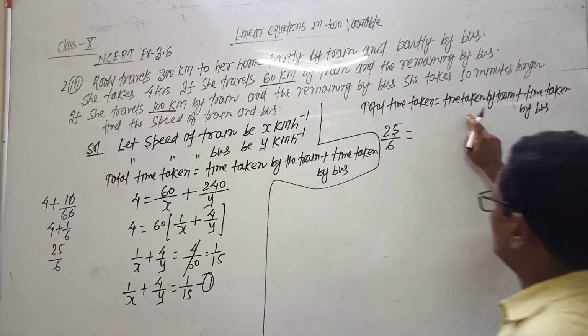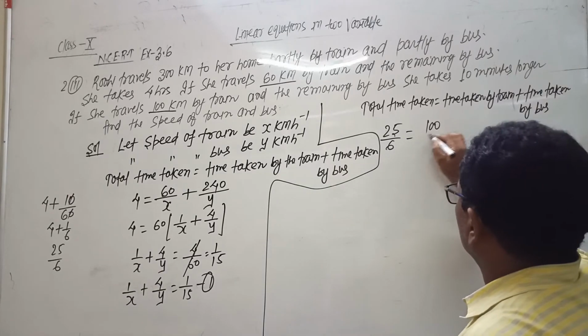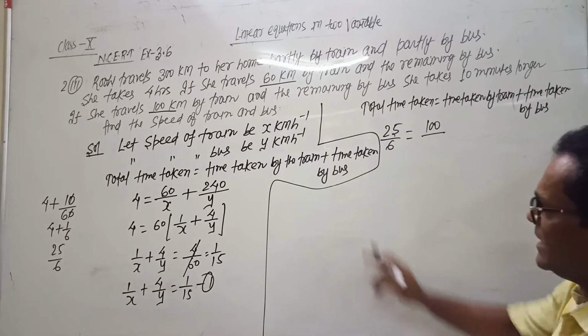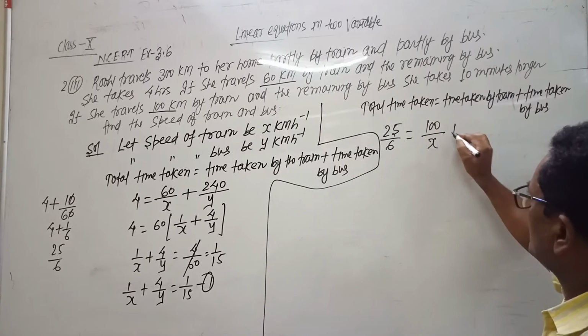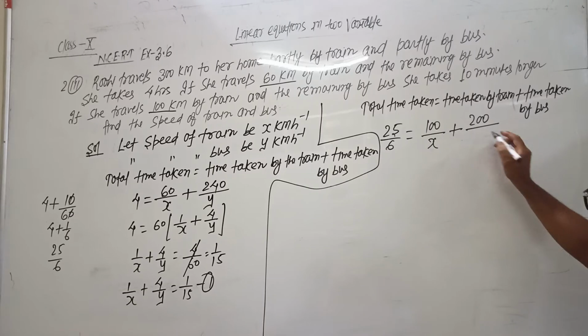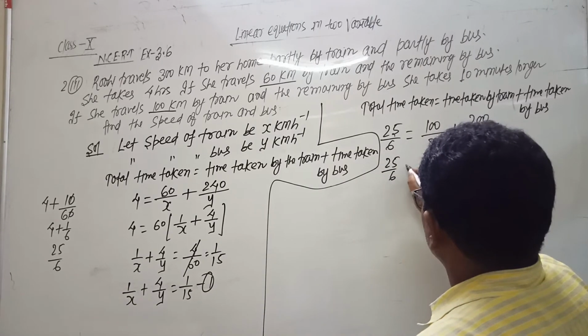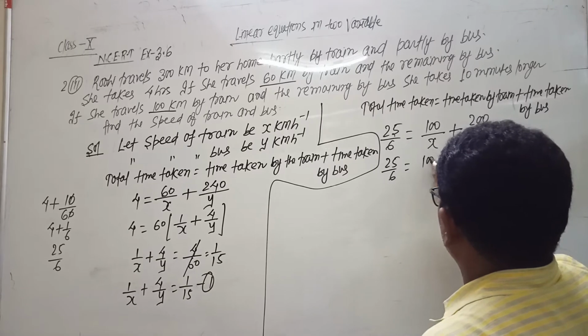Again, the formula for time equals distance upon speed. The distance covered by the train is 100 km, and the speed of the train is x, plus the rest of the distance, 200 km, is travelled by bus, and its speed is y. From this equation we can take 100 as common.